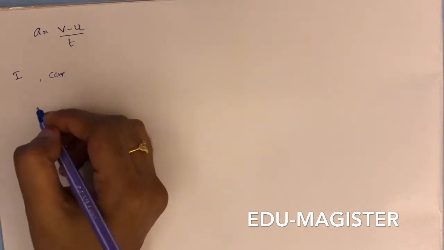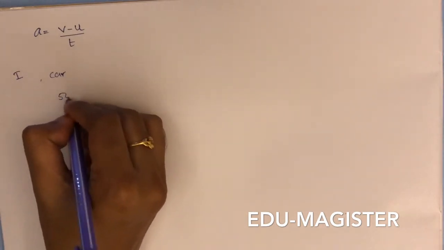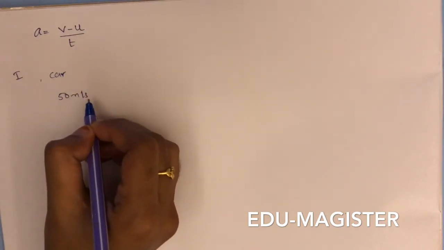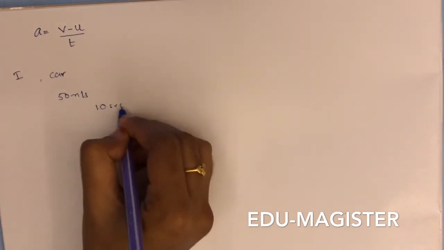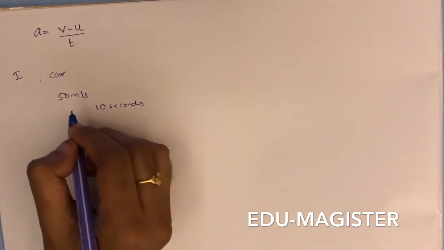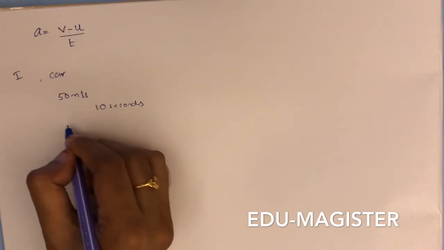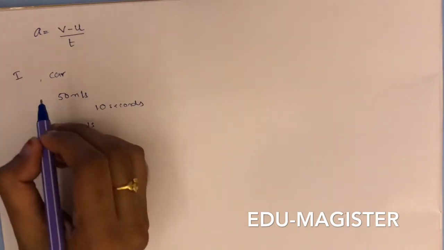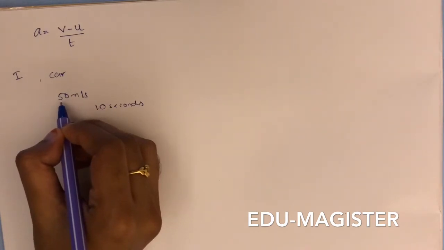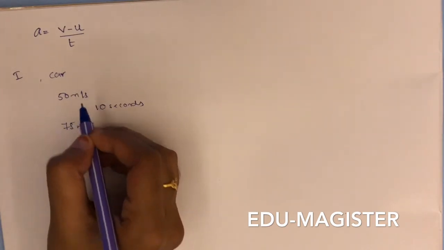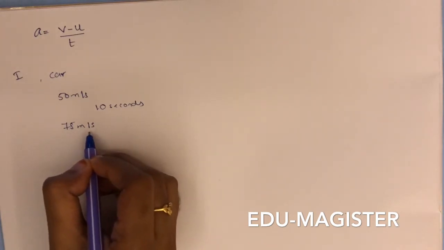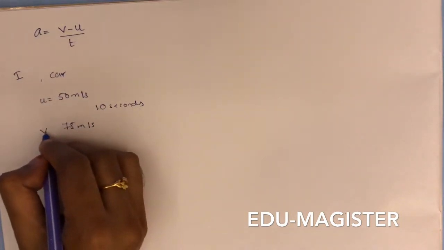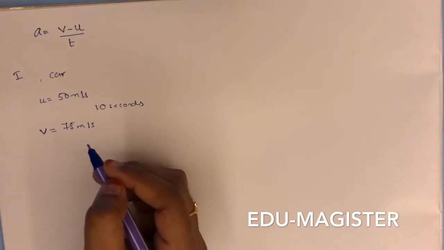This car was moving at a velocity of 50 meters per second, and after 10 seconds, we found that the velocity of the car has increased to 75 meters per second. So 50 meters per second becomes the initial velocity u, and 75 meters per second becomes the final velocity v.